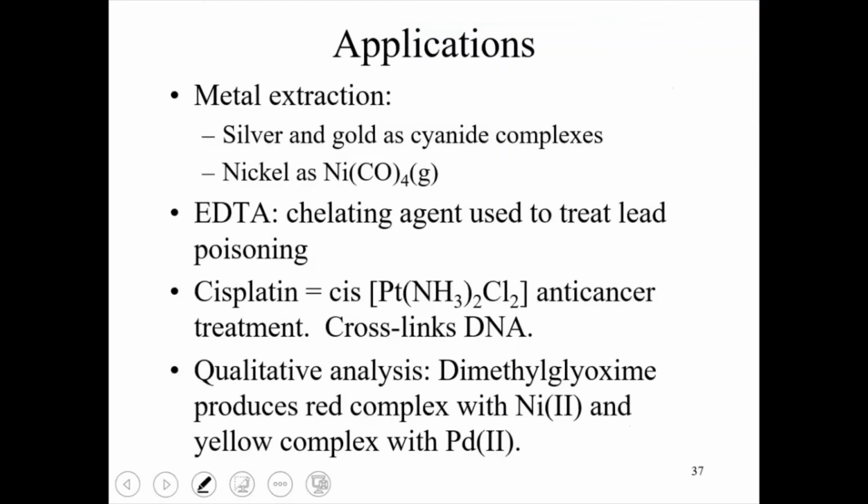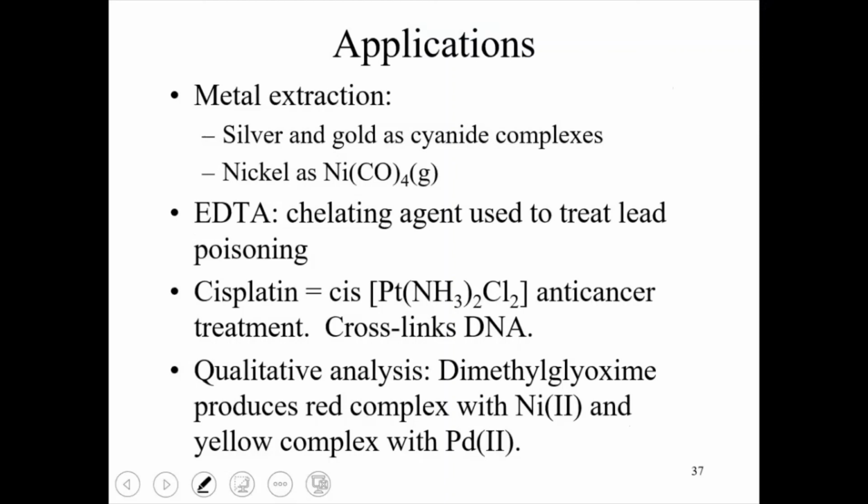Number one, many of the processes by which we extract metals from minerals or ores on the earth, where they come in ionic forms, we sometimes extract them as cyanide complexes to purify them away from other things.